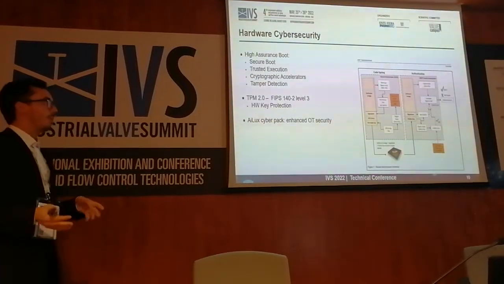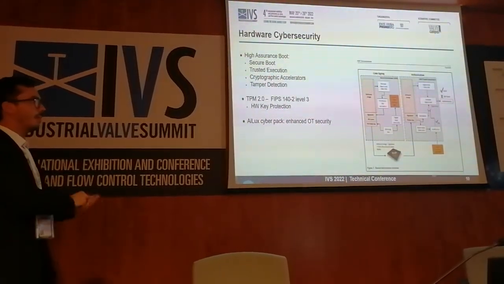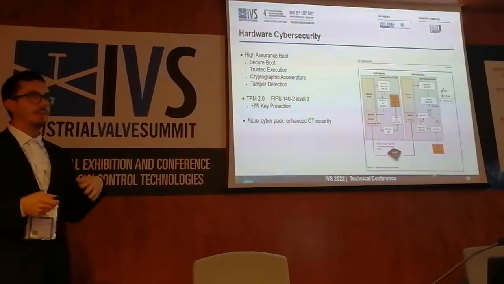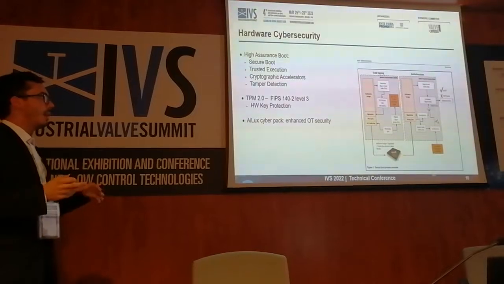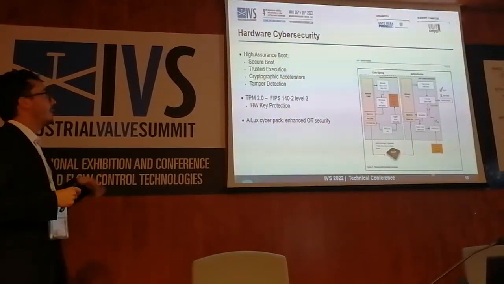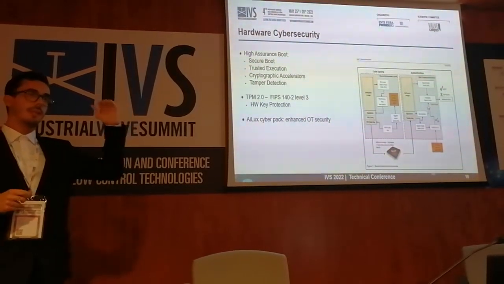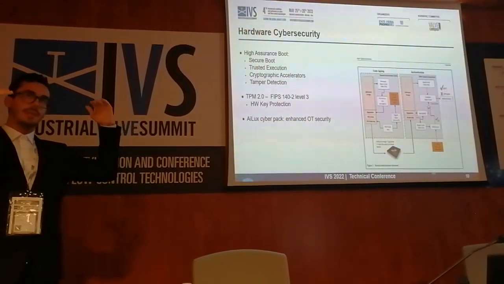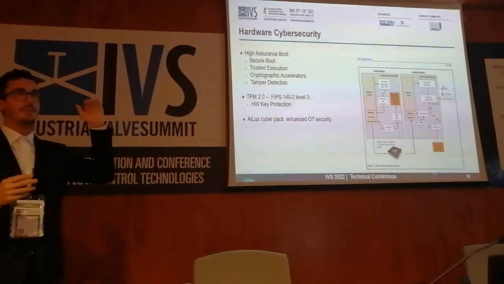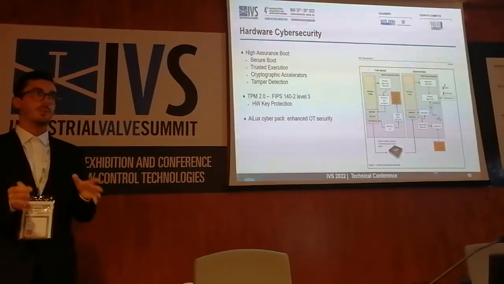So you need to ensure that the hardware that you use is secure if you really want to have end-to-end security. And to do that, we use some application processors that are provided with a lot of features. For example, it uses secure boot. So from the very first stage, when there is the boot of the operating system, it's possible to have a trust chain to be sure that everything that is running on top of the hardware is the real software that you want to run.